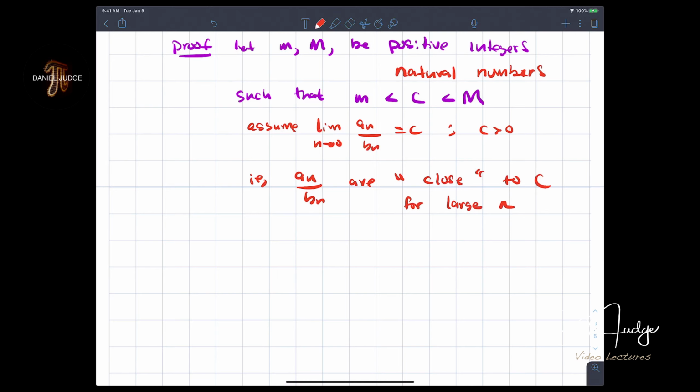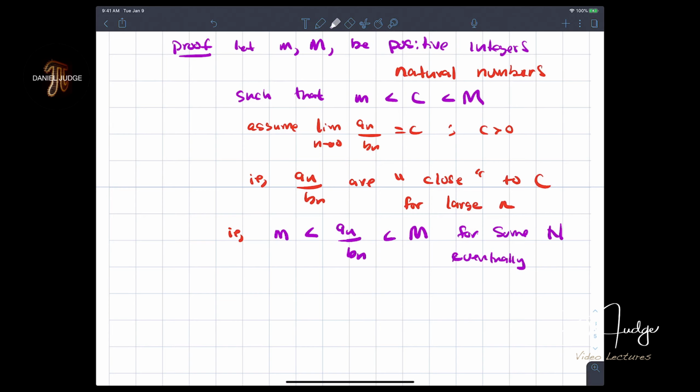That ratio goes to C. So for large n, this ratio is close to C. And what that really means is that for large enough n, we have the relationship that m is less than the ratio a_n over b_n, which is less than M, and that's going to happen for some natural number N, eventually, because we have this convergence.